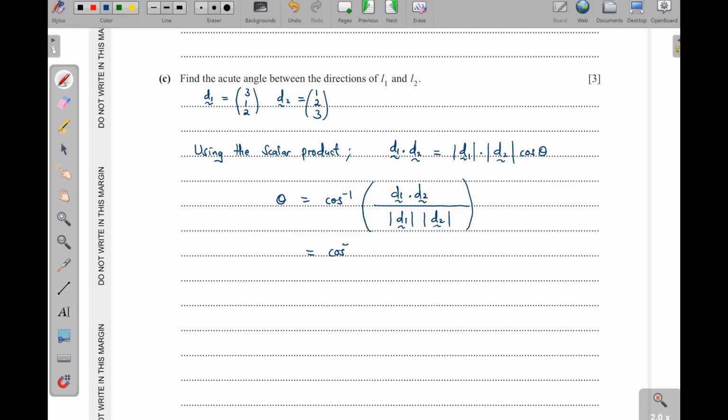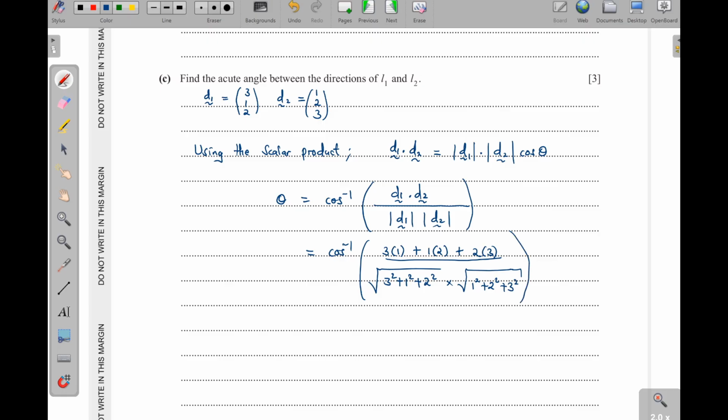Okay, so what do we have? The arc cos of 3 times 1, this one times this, then 1 times 2, and then 2 times 3. Okay, so plus 1 times 2, then plus 2 times 3. Then we divide by the square root of, this is the modulus of D1, that is 3 squared, then plus 1 squared, then plus 2 squared, times root of, this is 1 squared plus 2 squared, then plus 3 squared.